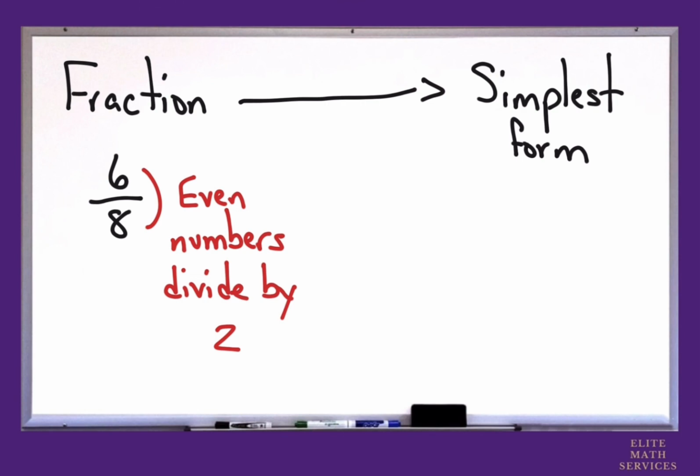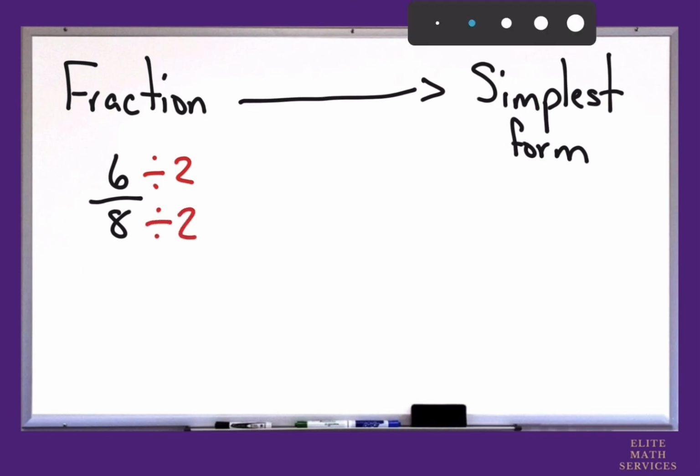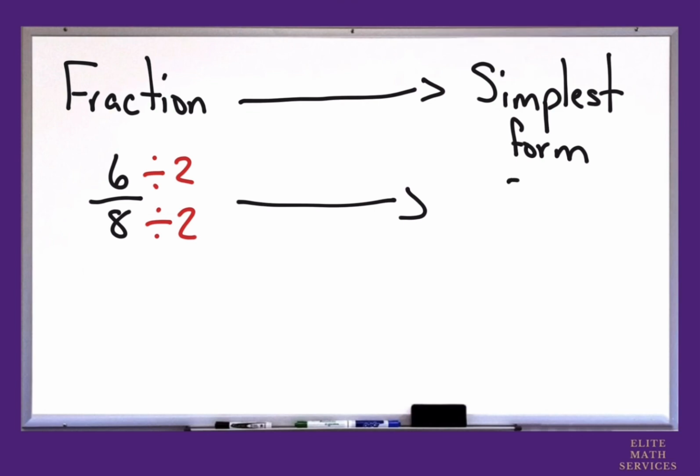So 6 divided by 2 and 8 divided by 2, which gives us 3/4. This is now in its simplest form because we can no longer divide the numerator and the denominator by the same number.